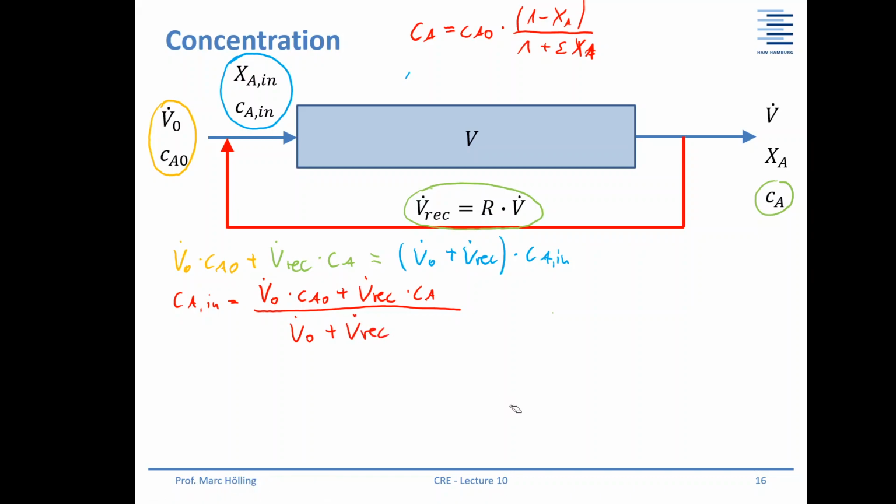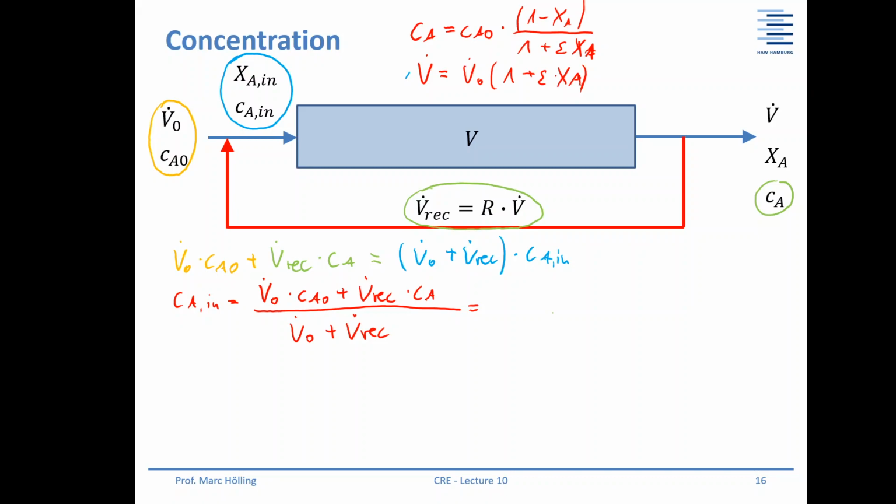Okay, what do we know about it? You can say the recycle is the same as R times our volume flow at the outlet, and our volume flow at the outlet, hopefully you remember this, is our initial volume flow times 1 plus epsilon times Xa.